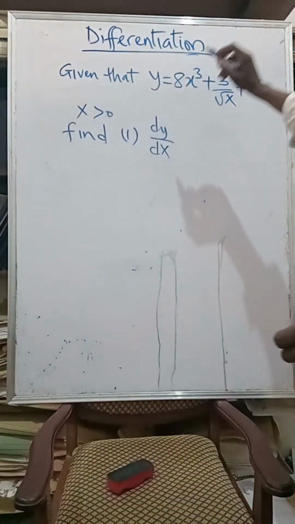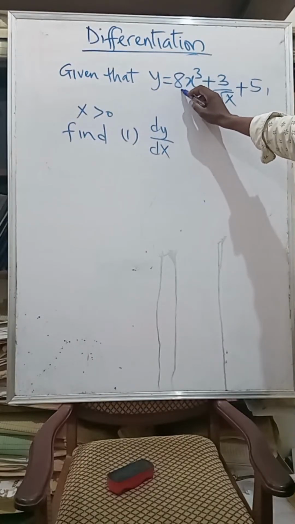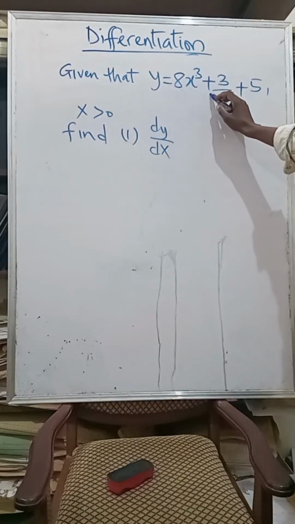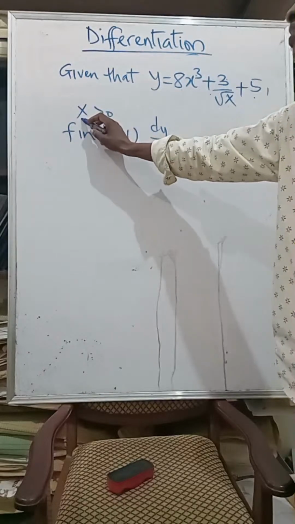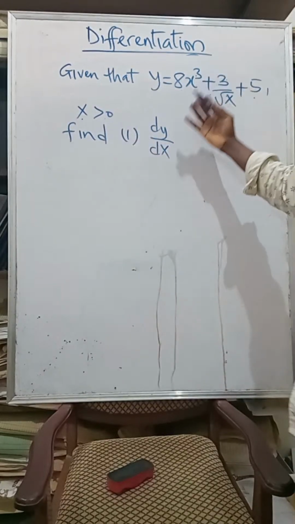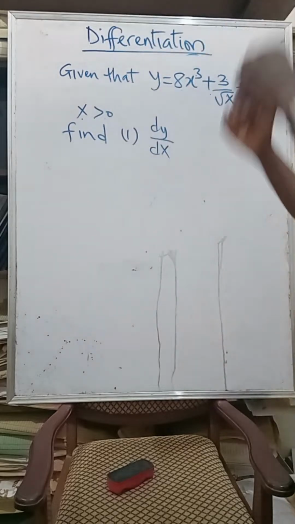So that's the question we have here. Given that y equal to 8x cubed plus 3 over root x plus 5, and we are told that x is greater than 0, we should find dy/dx.